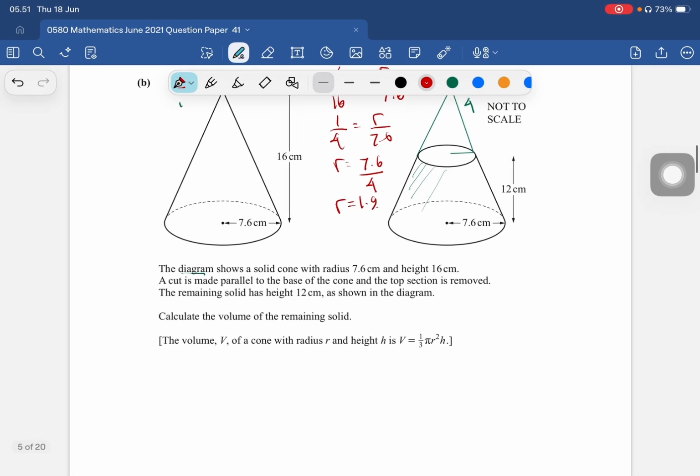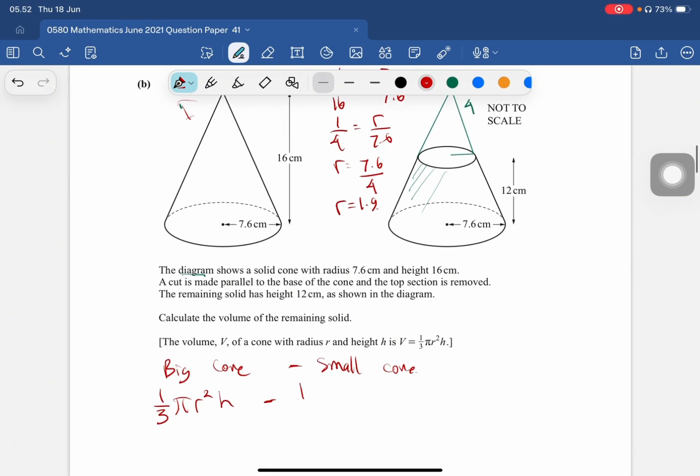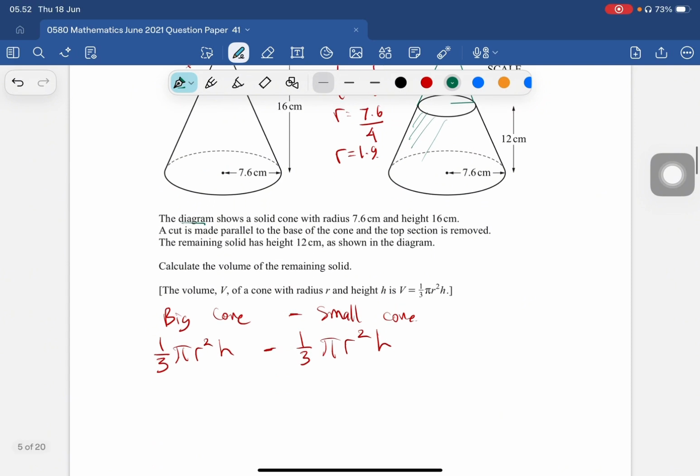So let's find the volume of the big cone. The big cone, we minus the small cone. This is 1 over 3 pi r squared multiplied by h, minus the small cone also, 1 over 3 pi r squared multiplied by h. So for the big one, 1 over 3 pi, r is 7.6 squared, h is 16.